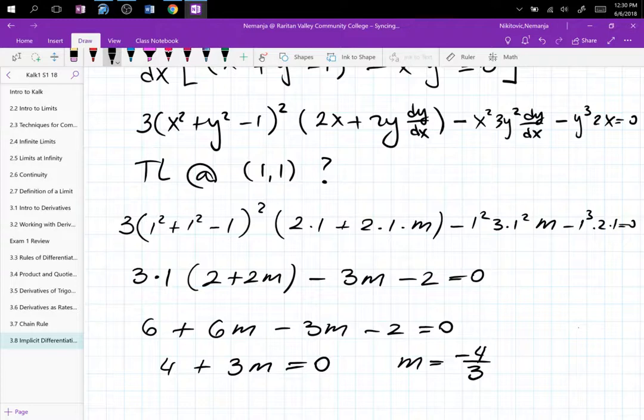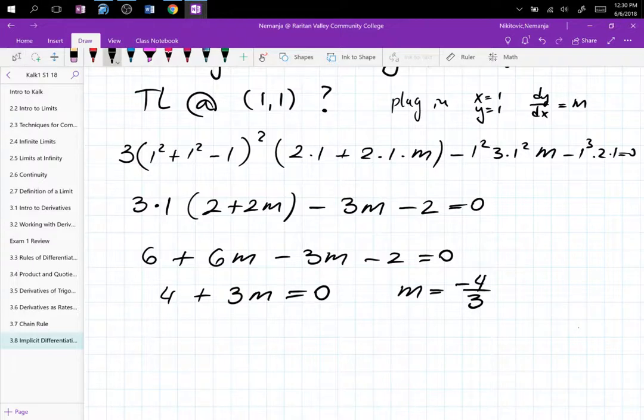We did not go through crazy algebra to solve for dy/dx, because we had the point and we replaced all x's and y's, and dy/dx became m. And that was it. So plug in x equals 1, y equals 1, dy/dx equals m. Now, to find my tangent line, I have point (1, 1), and I have slope of negative 4/3.